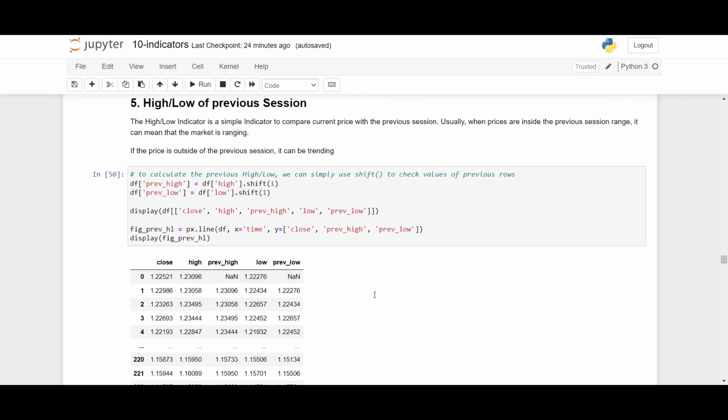Let's go to the next one, which is the high and low of the previous session. This one is very easy. We're basically just trying to find yesterday's high and yesterday's low. This can be a good indicator if you're, for example, trading intraday.